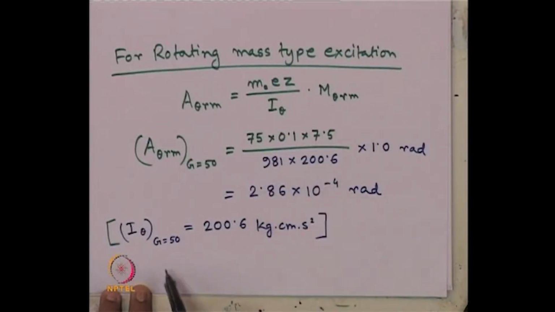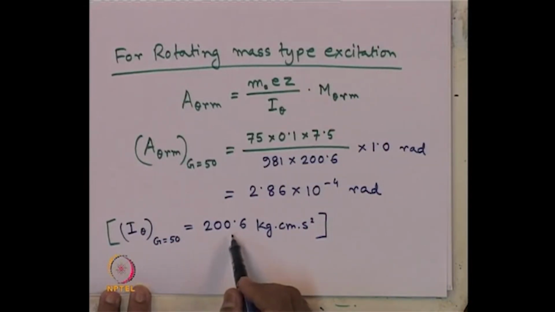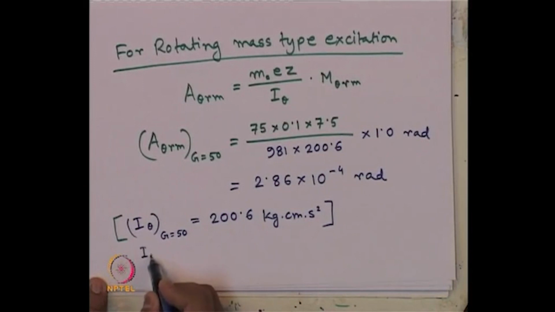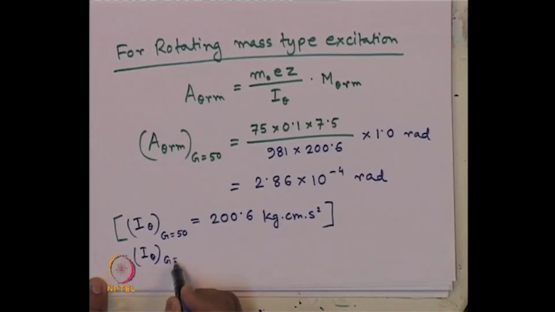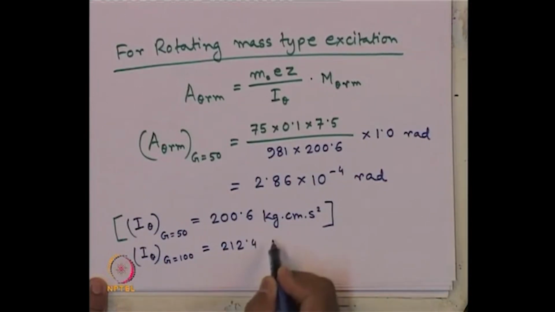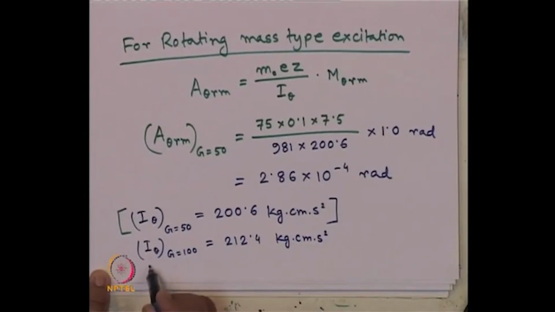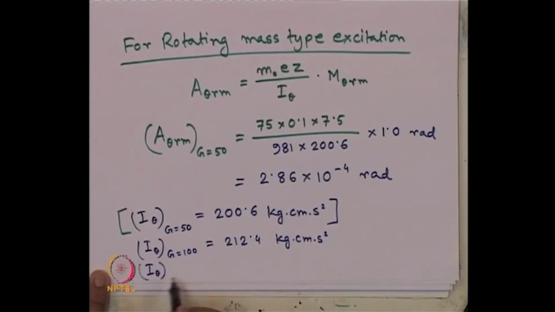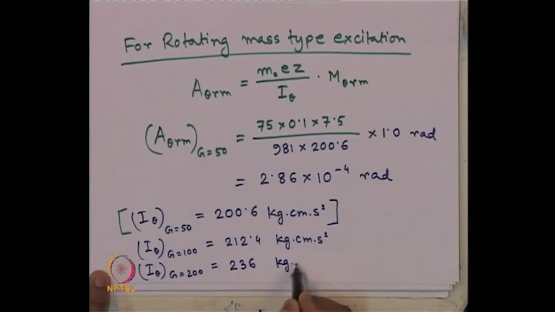I theta for G equals 100 we had calculated earlier as 212.4 kg centimeter second square, and I theta for G equals 200 as 236 kg force centimeter second square.